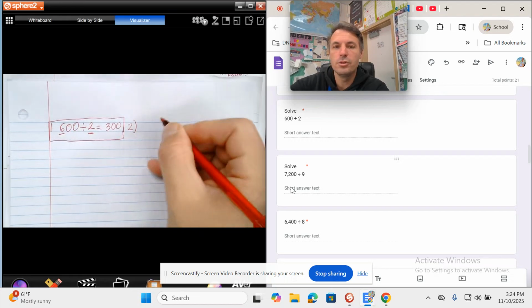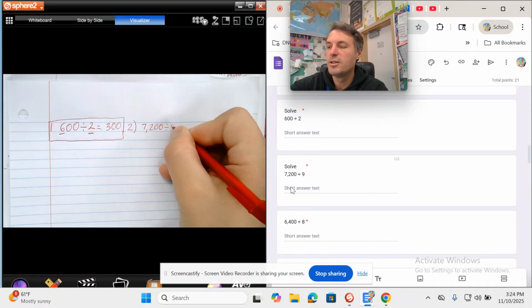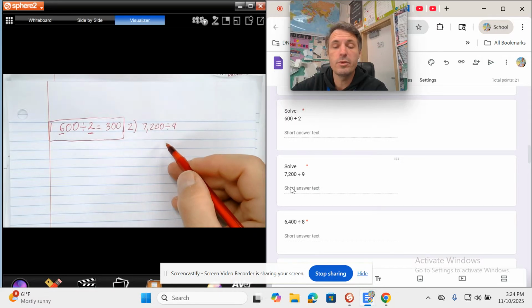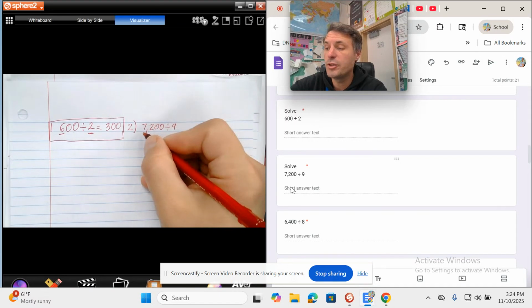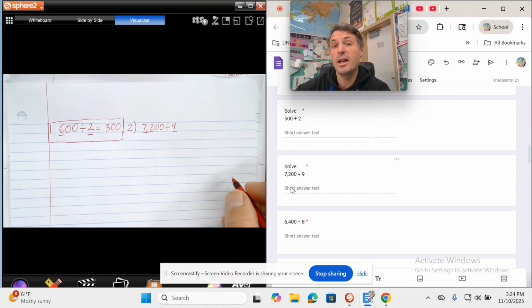Then number 2. Number 2 says 7,200 divided by 9. So look, we don't have to worry about 7,200 divided by 9. We can just think of 72 divided by 9. So what times 9 equals 72? Well, 6 times 9 equals 54. 7 times 9 equals 63. 8 times 9 equals 72.